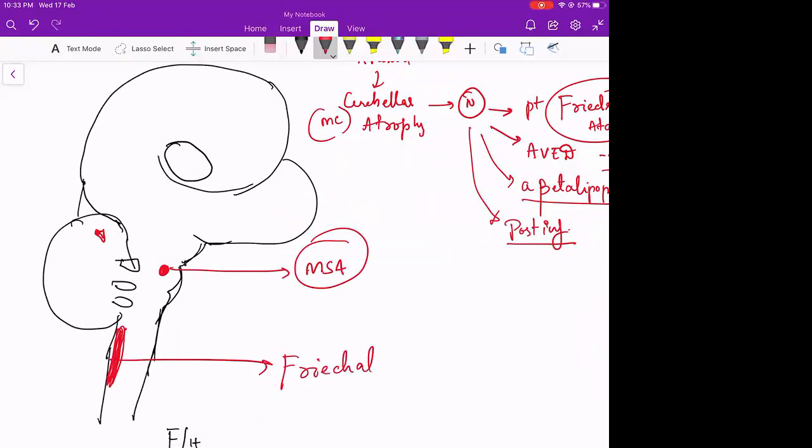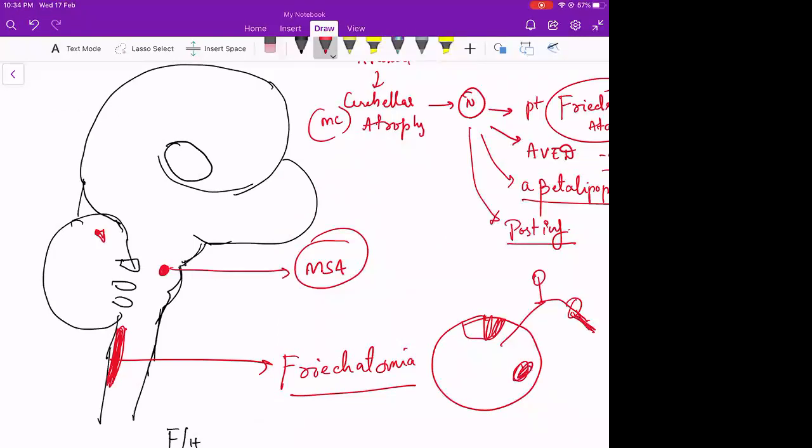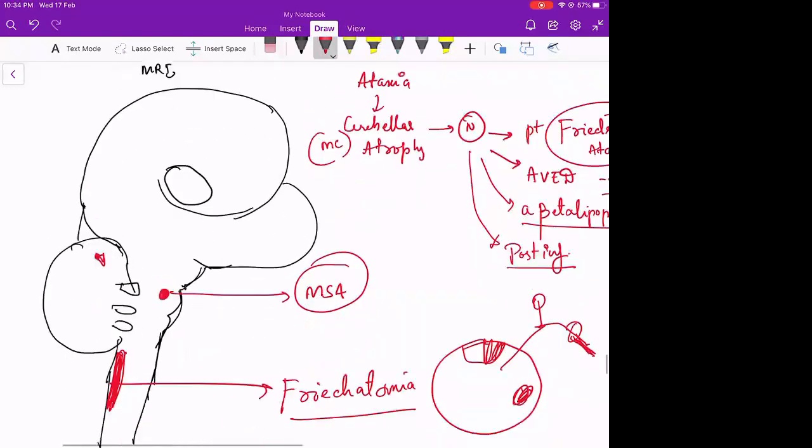Friedreich's ataxia is an inherited ataxia which predominantly affects the spinal cord, the dorsal root ganglion, and the large myelinated fibers, and even the corticospinal tract is affected. Though the cerebellum is affected, it is very unlikely to get affected, or if it is affected, it will be minimal.